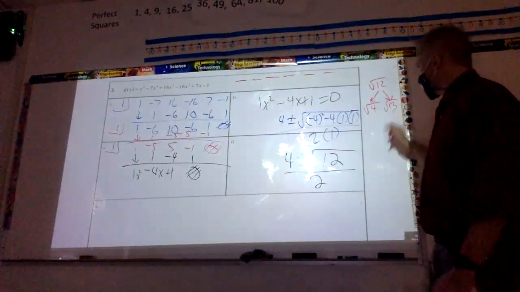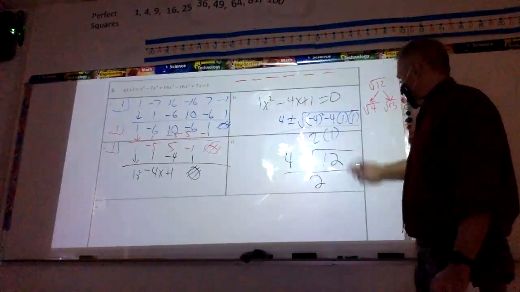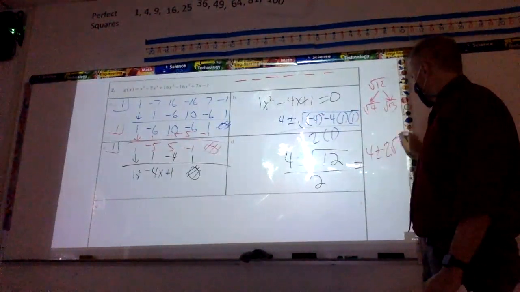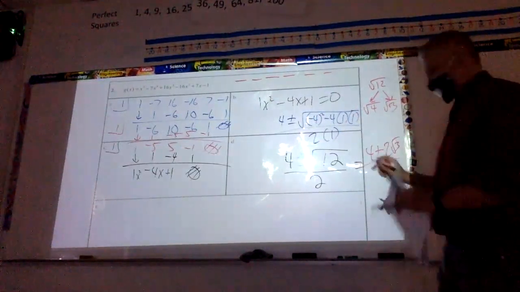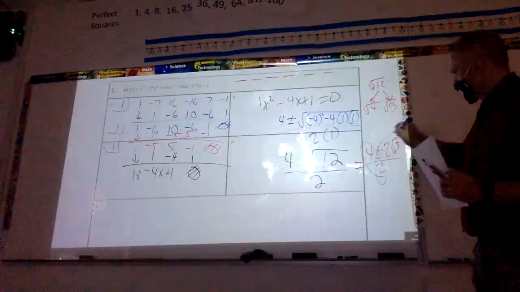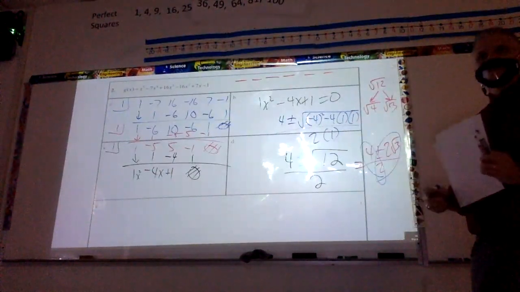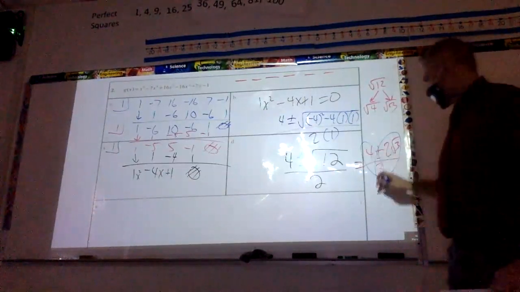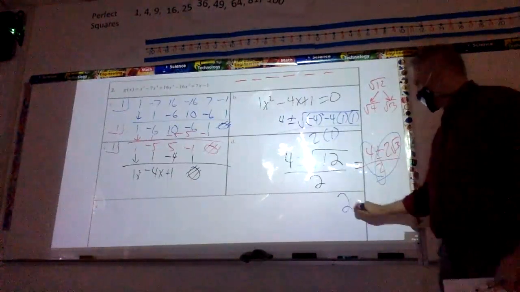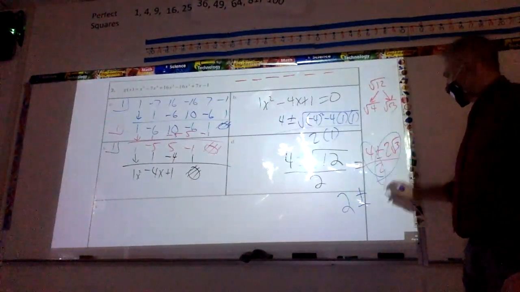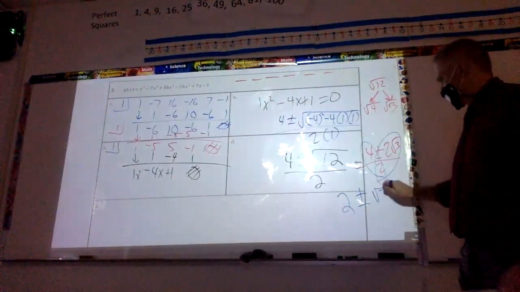So this is 2 root 3. So I'm going to rewrite this as 4 plus or minus 2 root 3 all over 2. Now we can reduce, doing the little heart reduction, which will also allow me to split it into 2 fractions. So I got 4 over 2, which is 2, plus or minus 2 over 2 root 3, which is just 1 root 3. All right, root 3.